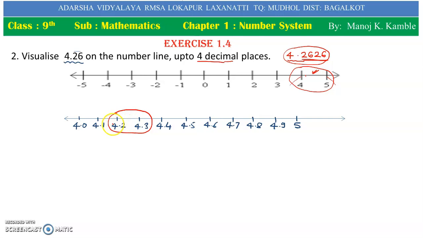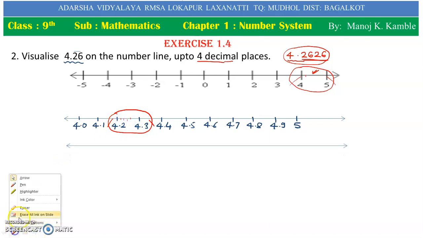Okay, next visualize this part, 4.2 to 4.3. Now once again here 10 equal parts present in between these numbers. Okay, so now starting point 4.2, so it becomes 4.20.